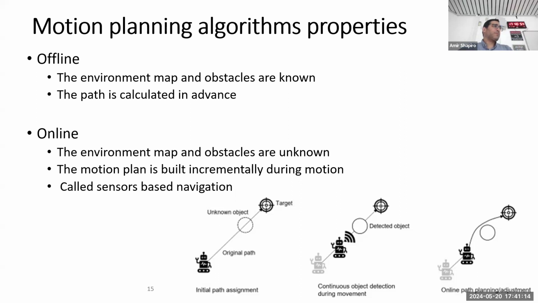We use the robot sensors in order to build the map while the robot is moving. So the robot is planning the motion during the sensing of the environment, and then continuously building the path. This is called sensor-based navigation.